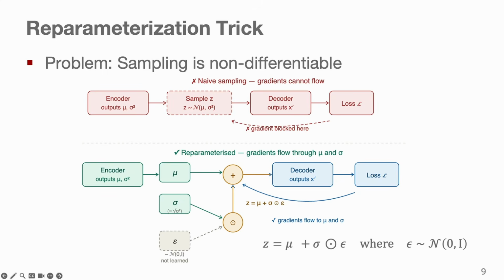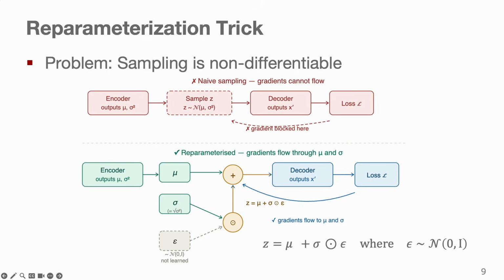So what we can do here is that instead of sampling Z directly from the distribution that the encoder predicts, we can rewrite it as a deterministic function of the parameters and an external source of noise. And so we draw a random vector, epsilon, from a standard normal distribution, and this has no learnable parameters.